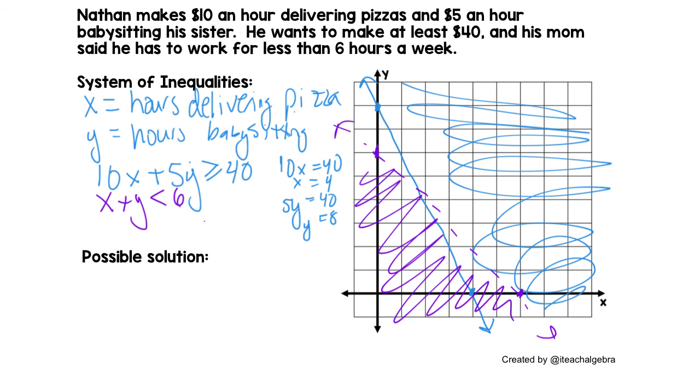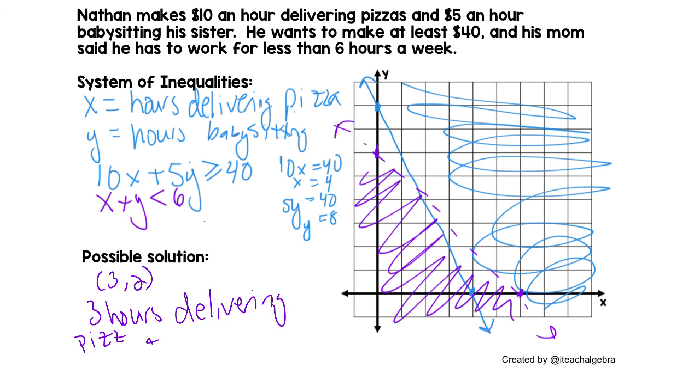So possible solutions here. I'm going to say one possible solution is (3, 2). So 3 hours delivering pizza and 2 hours babysitting.